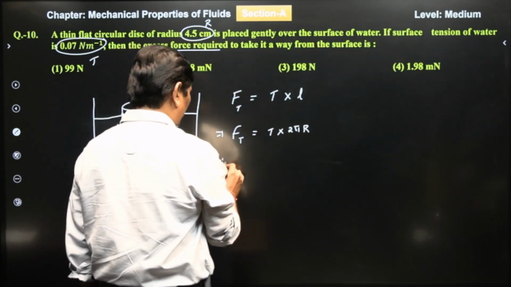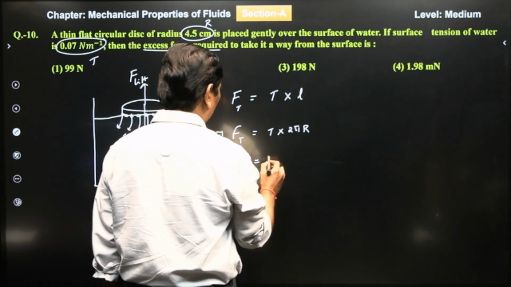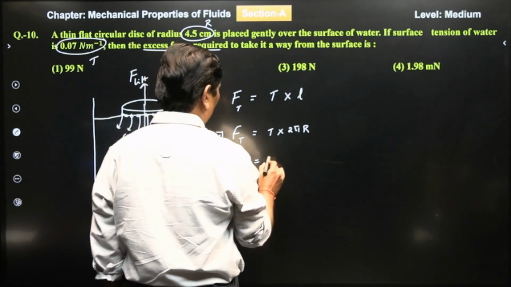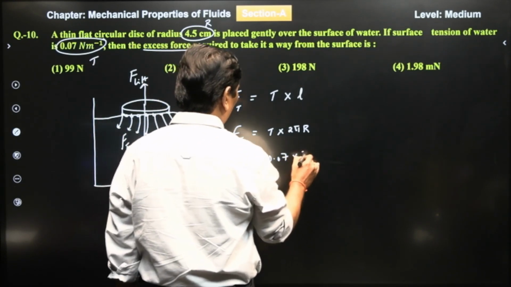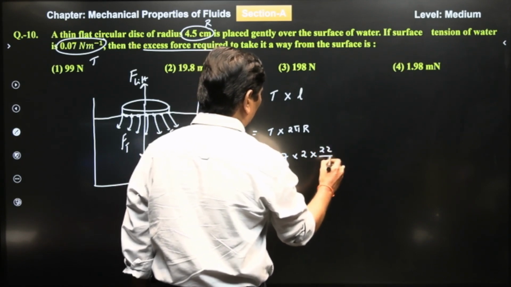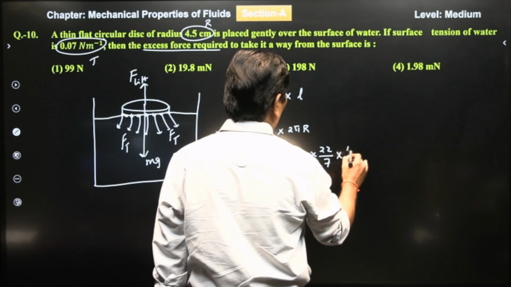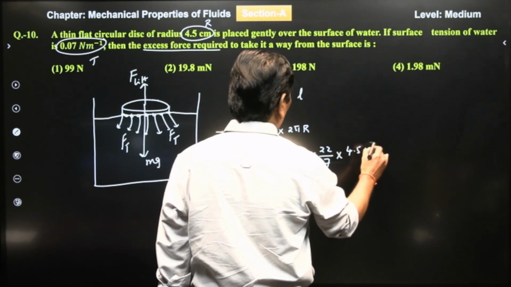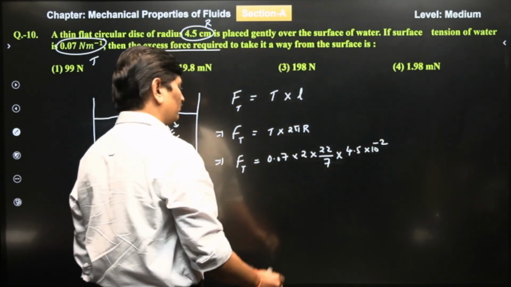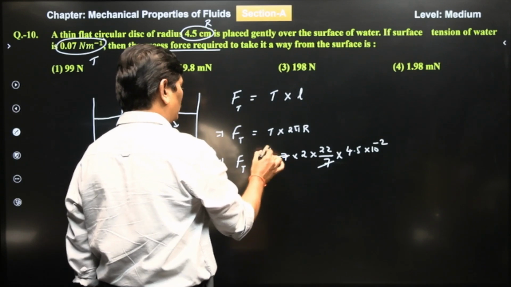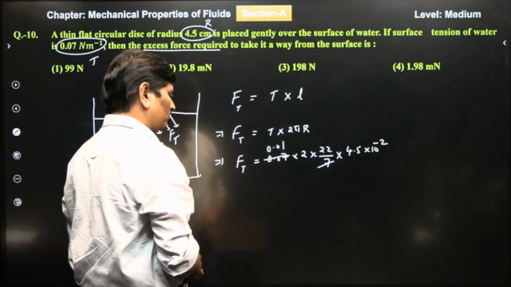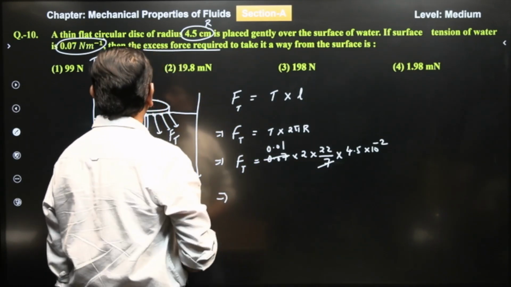So, Ft is equal to T, we are given T as 0.07, times 2. For simple calculation, you write pi as 22/7 and r as 4.5 into 10 power minus 2. This is 0.01, and you will get the answer.